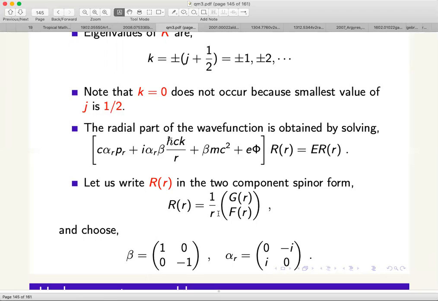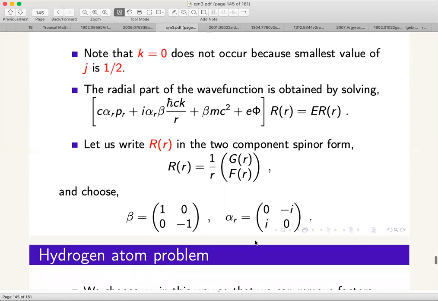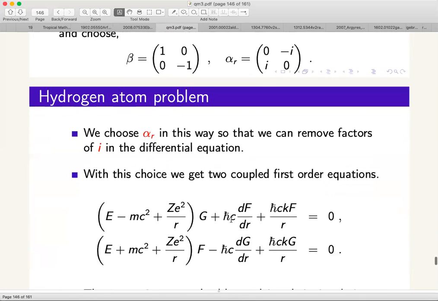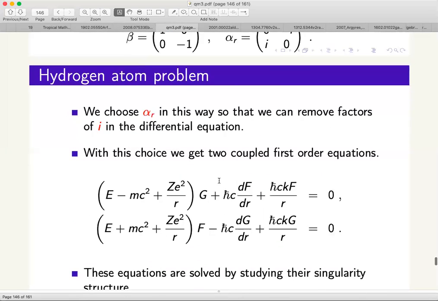Otherwise, it is like 1 over r squared del del r of r squared del del r, which can be brought into a simpler form. We made one specific choice of alpha and beta matrices, and if you use that, then you can write down these equations in this particular form.